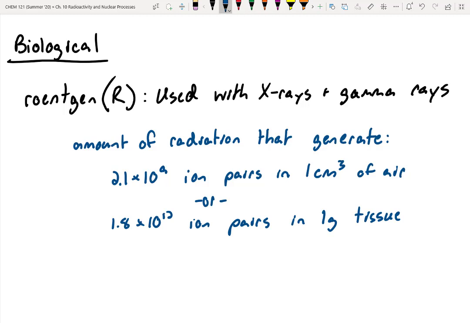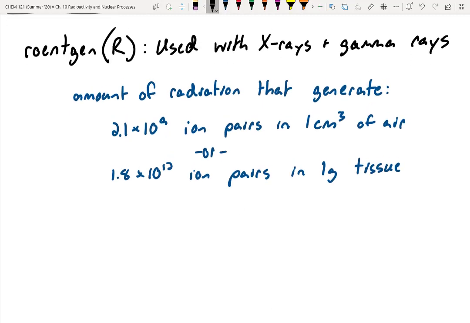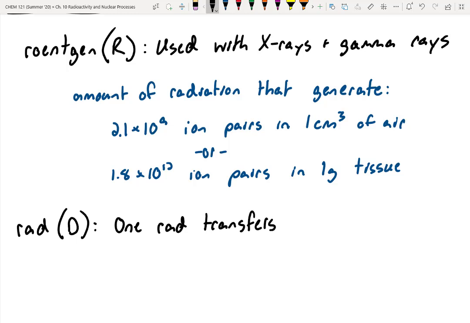All right, so like I said, this is used to really investigate the risk or damage caused by radiation exposure. Okay, we've got a few more. The next one is just called rad, and the symbol for this is capital D. 1 rad transfers 1.0 times 10 to the negative second joules.